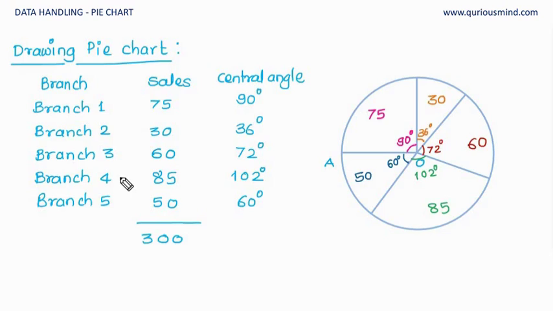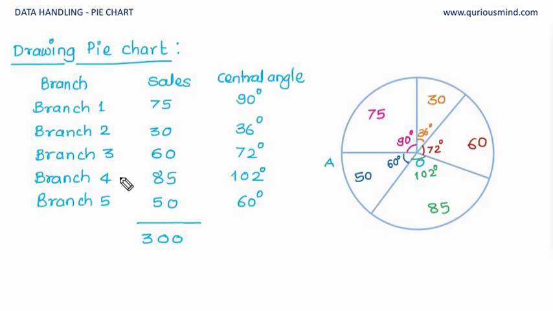Let me revise it. What we have done is we have drawn a circle and drawn OA as a reference radius. Taking OA as a reference radius, we drew the first angle to get our second radius. Now taking this second radius as a reference, we drew the second angle and we got third radius.